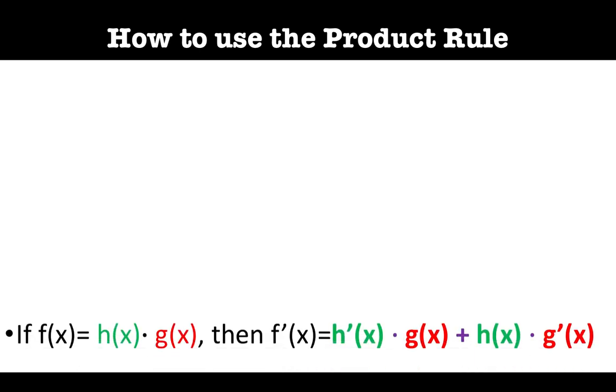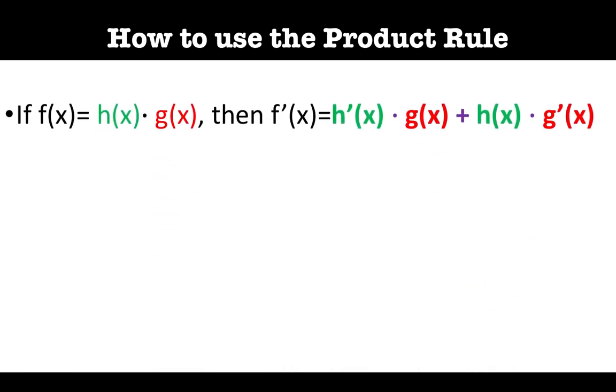Okay, so let's go ahead and talk about how you use the product rule. So remember, product means multiplication. If you have two functions, and I went ahead and color coded this, h of x times g of x, then the derivative, h prime of x, is going to be h prime of x times regular g of x plus regular h of x times g prime of x. It's a funny long formula, but I like to say it like this.